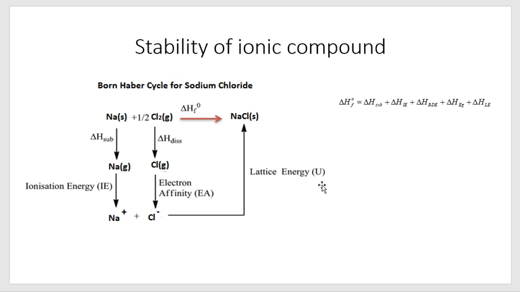According to thermodynamics, there are two important points we need to know that decide the stability of an ionic compound. Number one, the enthalpy of formation for this reaction must be negative, and the second is that the enthalpy of sublimation, enthalpy of ionization and enthalpy of bond dissociation must be smaller than the electron gain enthalpy and lattice enthalpy.